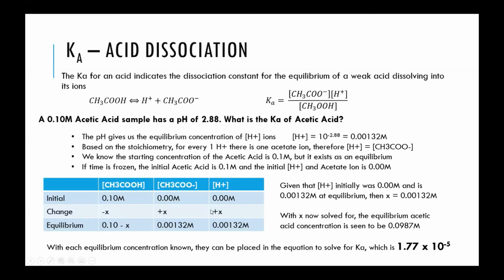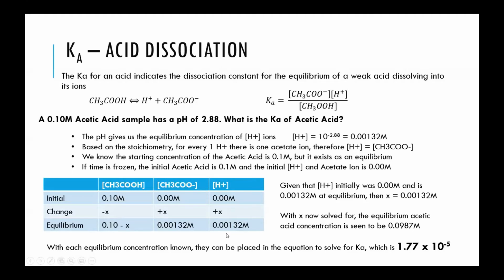So when you have this, it's 0 plus something to give an equilibrium concentration. But the pH value gives you the equilibrium concentration of H plus. Remember, when you're measuring something, you're measuring it at equilibrium. So by taking that pH value and converting that to a concentration of H plus, you now know the concentration of H plus at equilibrium.